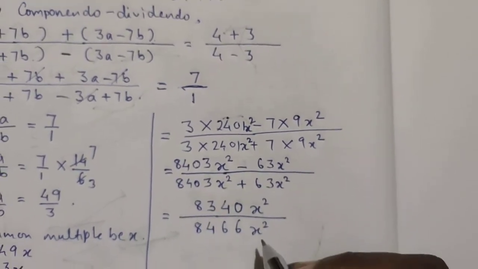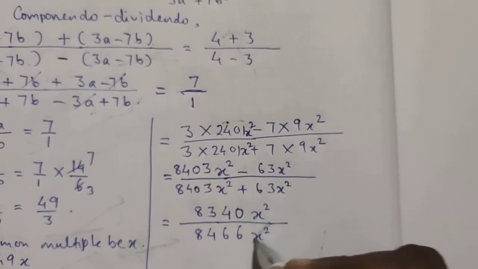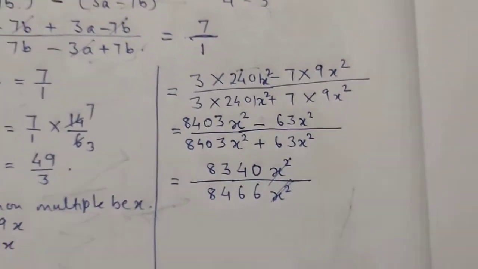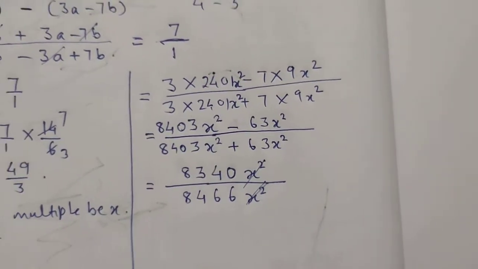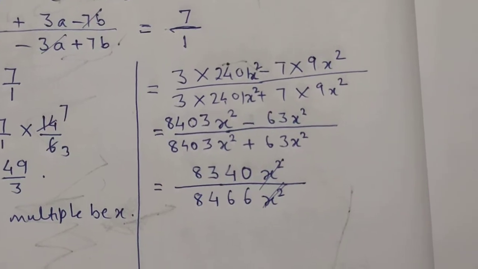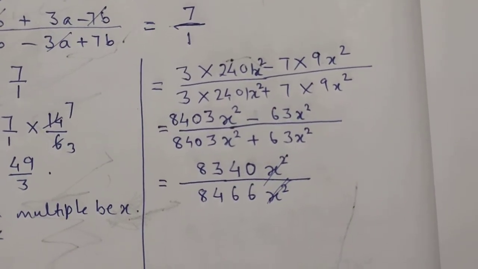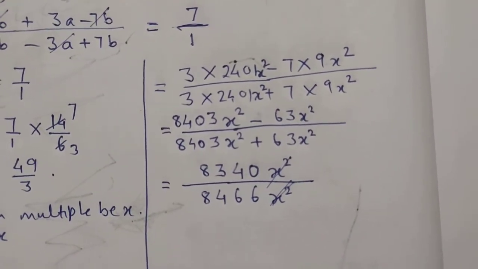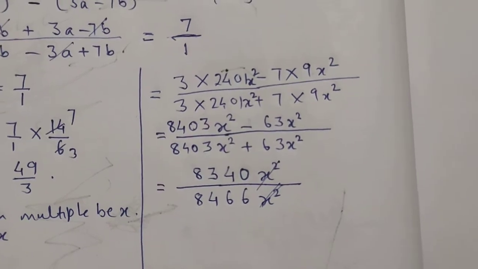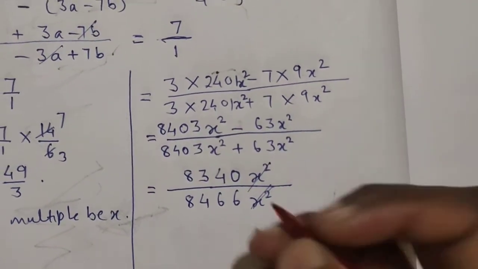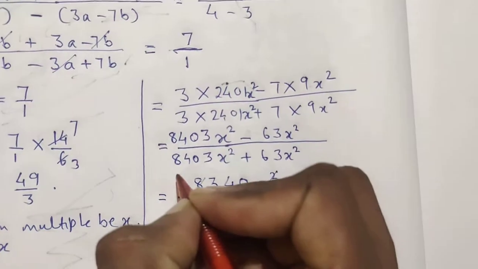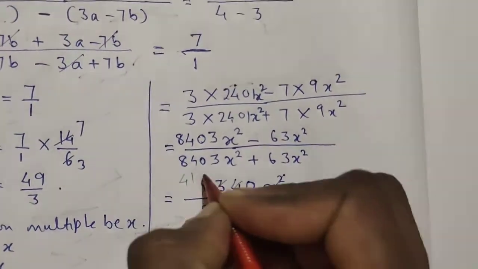Now what you are going to do is cancellation. The x square gets cancelled, and here you have to do cancellation of 8340 with 8466. Let us do cancellation of this by 2 first. If you do cancellation by 2, 2 fours are 8, 2 ones are 2, 2 sevens are 14, and 0.